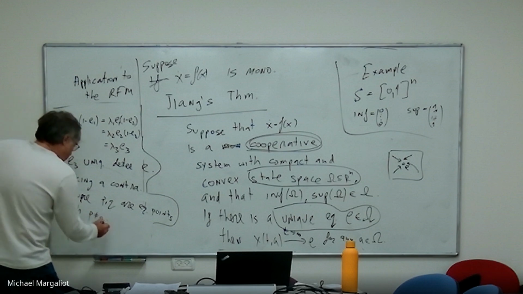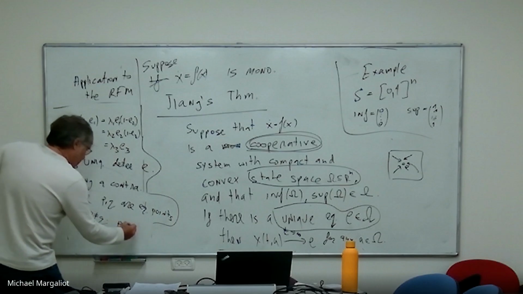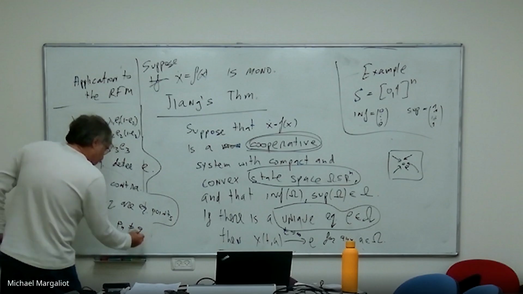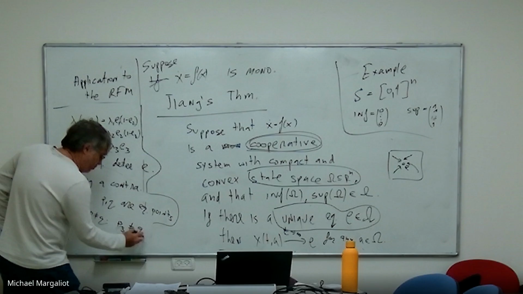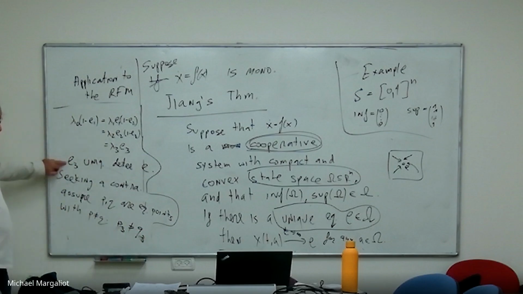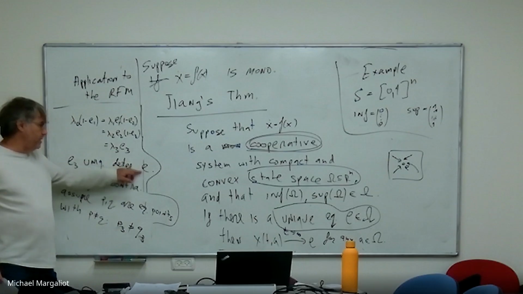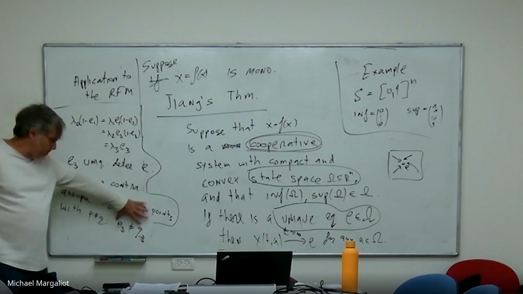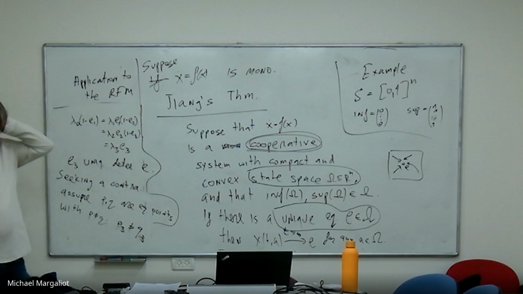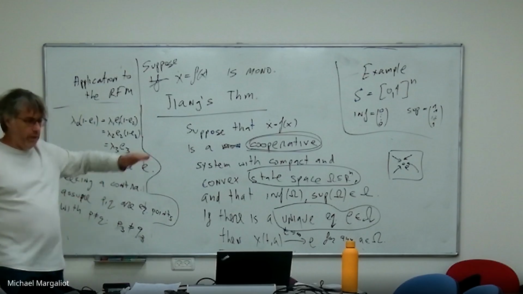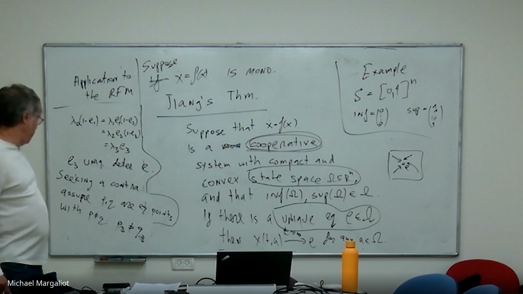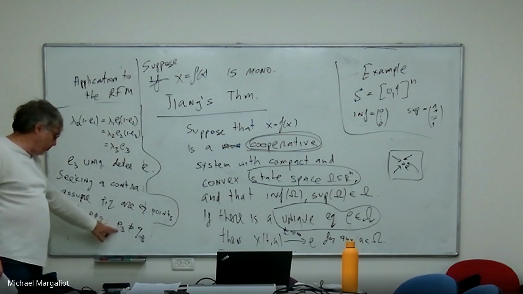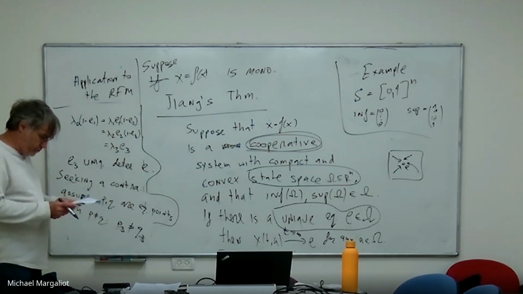Now, we must have that Pn is different from Qn. Sorry, P3 is different from Q3. Why? Because we saw that the third coordinate uniquely determines the equilibrium. So if the third coordinate in P and Q is the same, they will induce the same equilibrium. But we assume that P is different from Q. So P3 must be different from Q3.